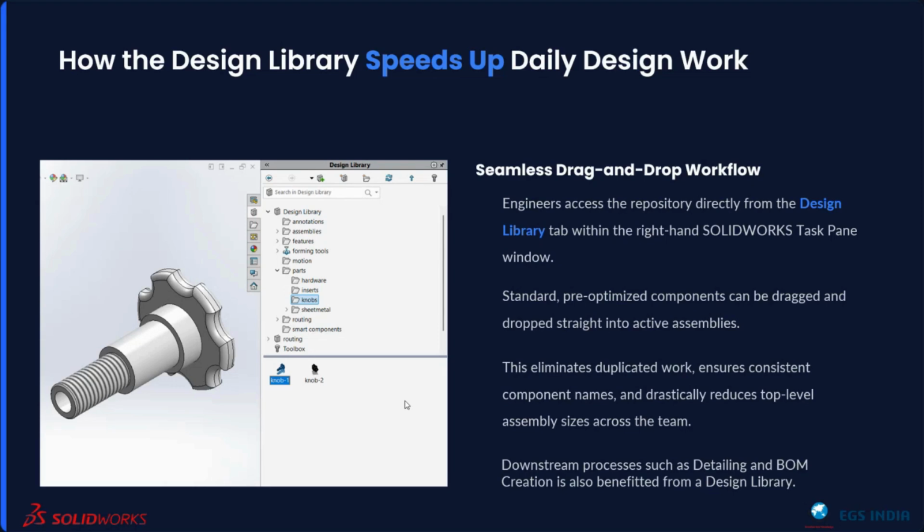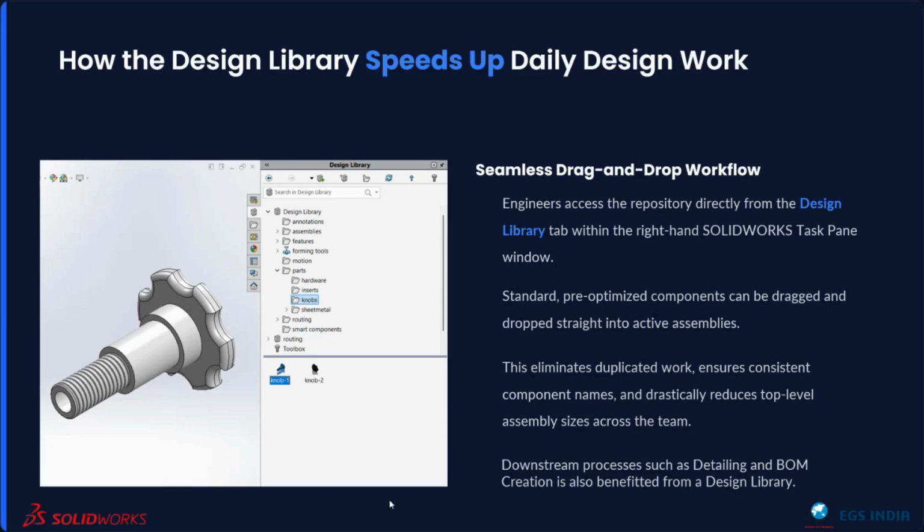So this creates a lot of problems in your detailing, BOM creation, etc. When you have a standardized design library present, all of this becomes very easy. The same component will only have one source, and that source will be multiplied across the entire top level assembly, and that will be reflected in your top level BOM as well. The overall count is proper, and we don't have to make any changes to it.